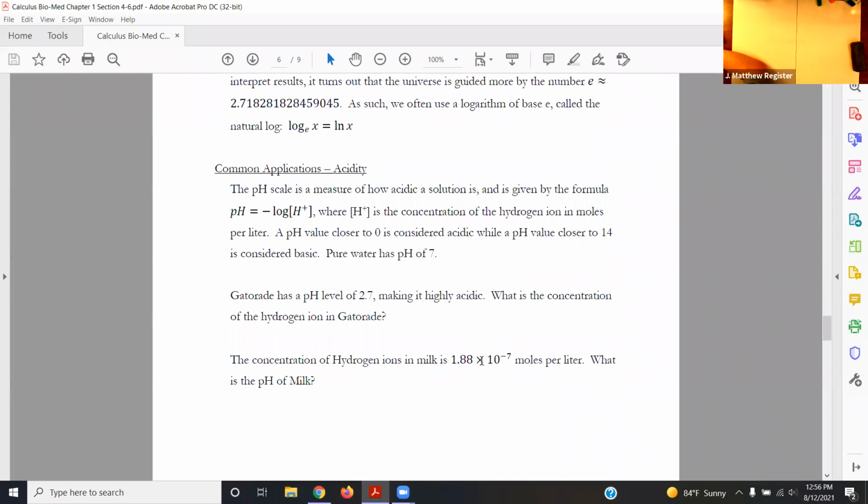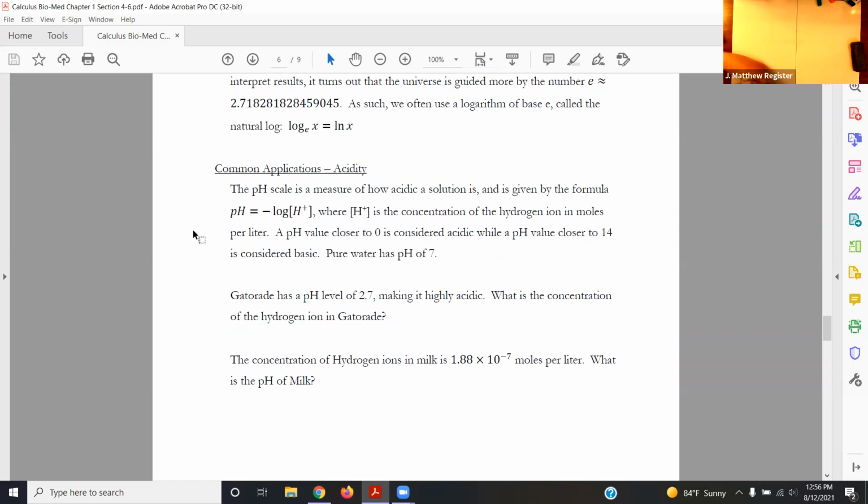There's also some applications. I mean, this is a silly one. I think you'll see it pop up in the homework. The pH scale is a measure of how acidic a solution is and is given by this formula. And so the pH is equal to negative logarithm of H plus, where H plus is the concentration of the hydrogen ion in moles per liter.